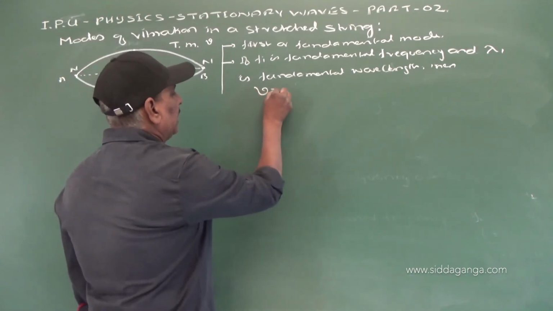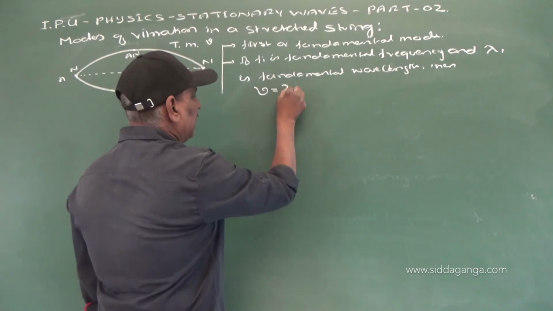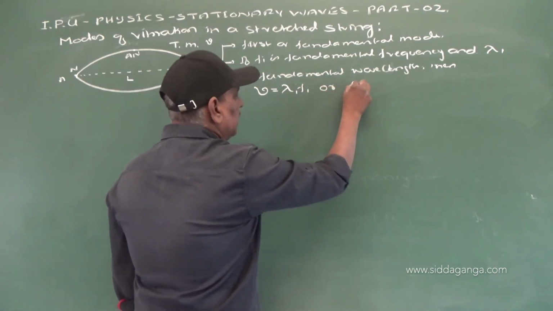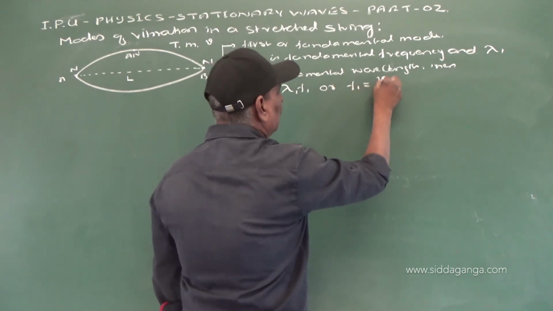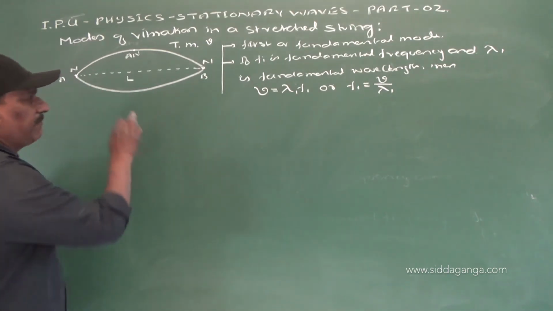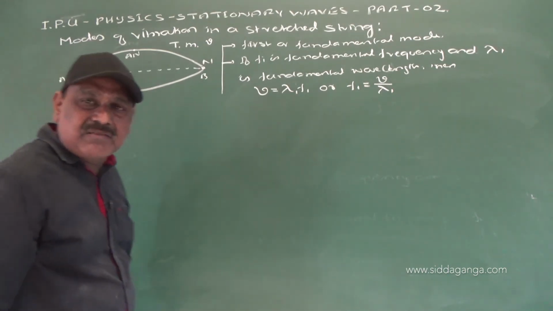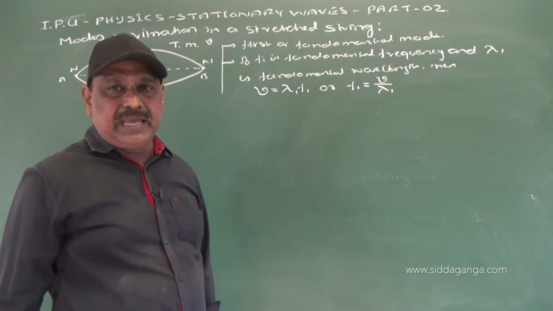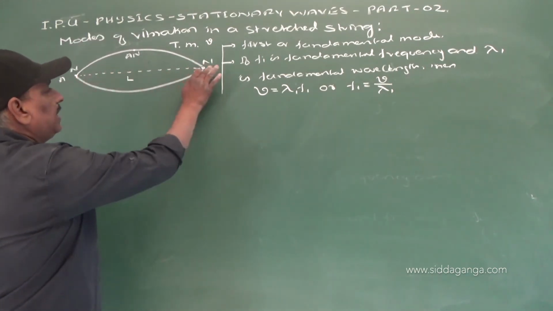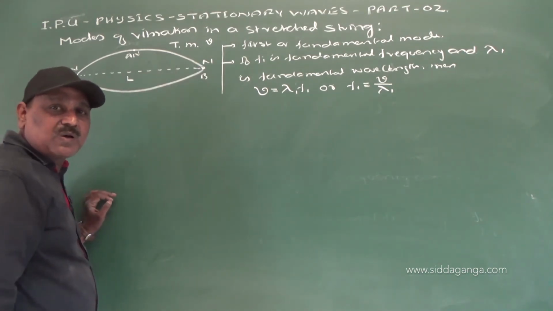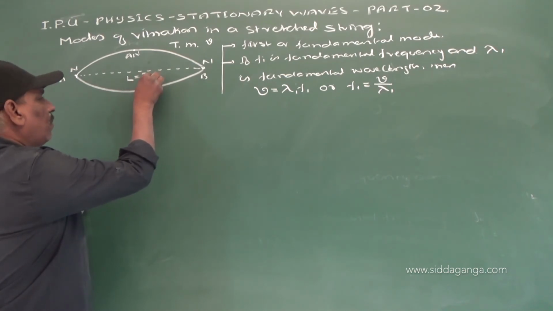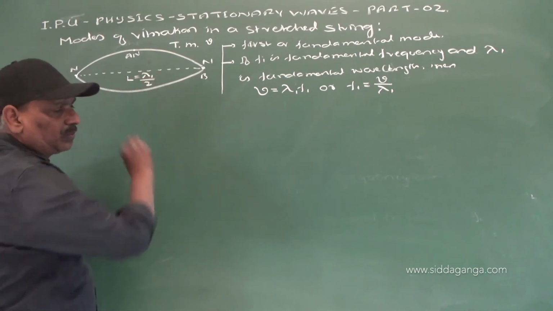So V is equal to lambda 1 into F1, or F1 is equal to V by lambda 1, right. So if lambda 1 is the wavelength of the wave in fundamental mode, then what is the distance between the two successive nodes or length of a loop? L is equal to lambda 1 by 2, right.